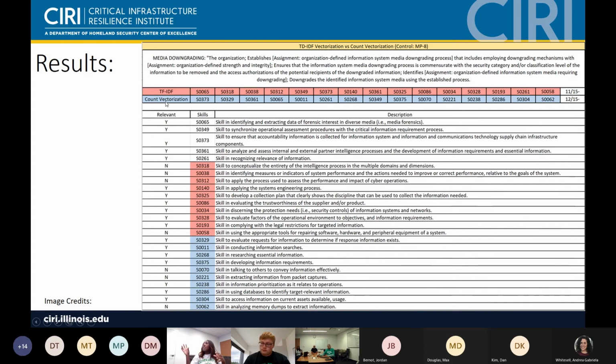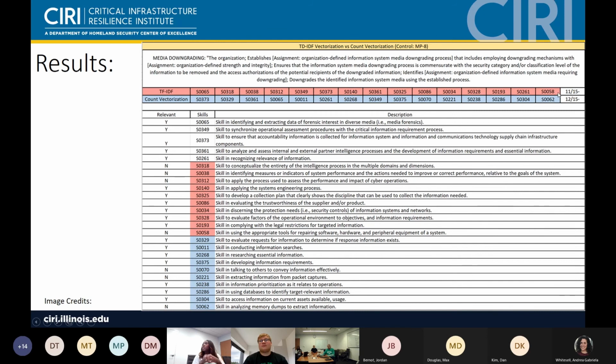They are in order of how the algorithm ranked them to that control. From there, we wanted to compare and see which of these vectorization methods was best. So here in white, as you can see, are the skills that both methods had in common, as well as the differences, color-coded there for you to get a better grasp.